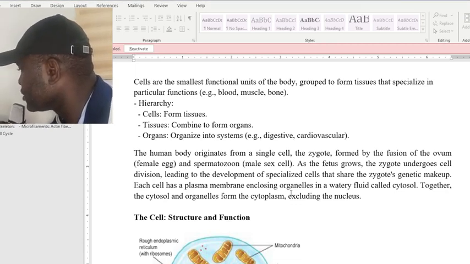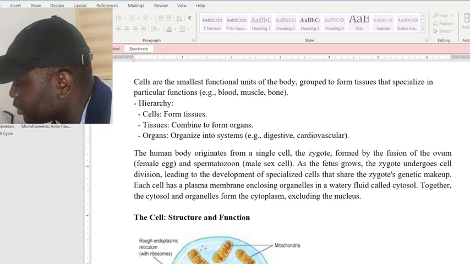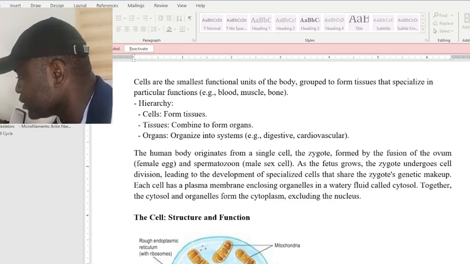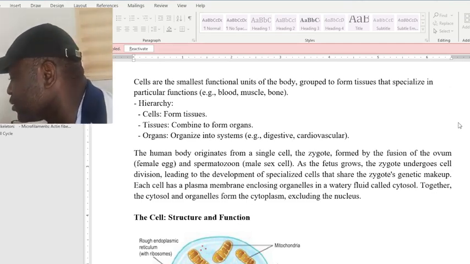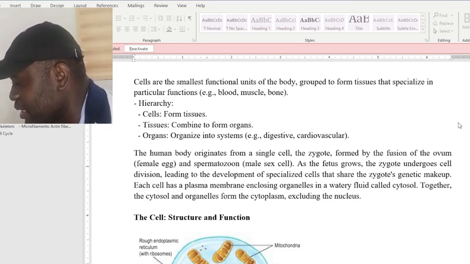The sperm has 23 chromosomes, the ovum has 23 chromosomes, so when they fuse together, it gives us a diploid cell called the zygote. As the fetus grows, the zygote undergoes cell division, leading to the development of specialized cells that share the same genetic makeup as the zygote.